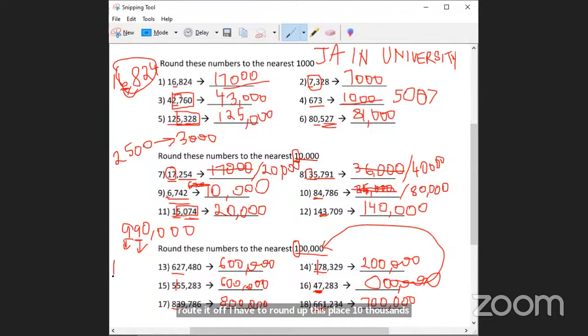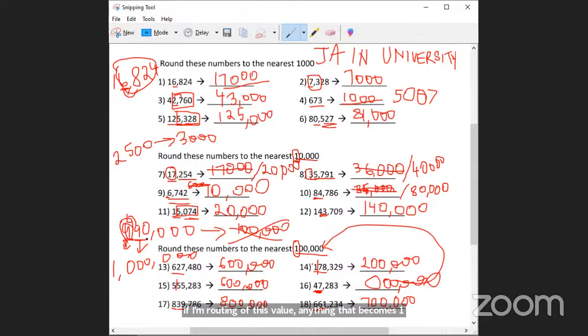My answer becomes 1,000,000. Are you getting it? I cannot write it as 100,000. That's very small. The round off of this has never been 100,000. That's not possible. If I add a 10,000, that carries 1 over here, or if I'm rounding off this value, anything, that becomes 1,000,000.